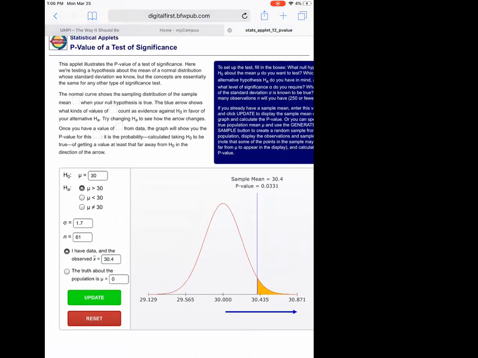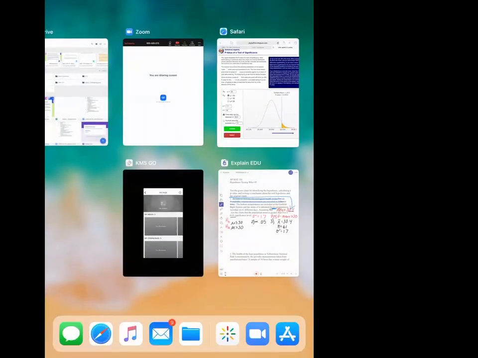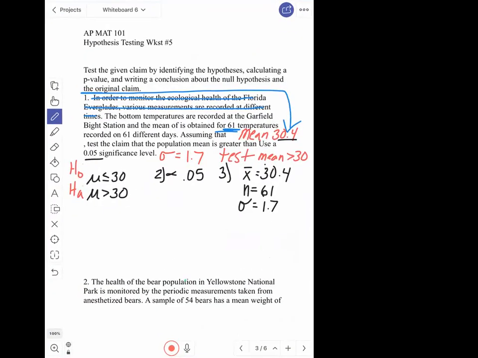And then we hit update, and it gives us a picture. In your picture, your alternative hypothesis is typically shaded, the greater than 30 right here. And this p-value is what we want, which is 0.0331. And that's your probability that that's going to happen. So we're going to write that down. P equals 0.0331. And so now we have to see, is P less than alpha?